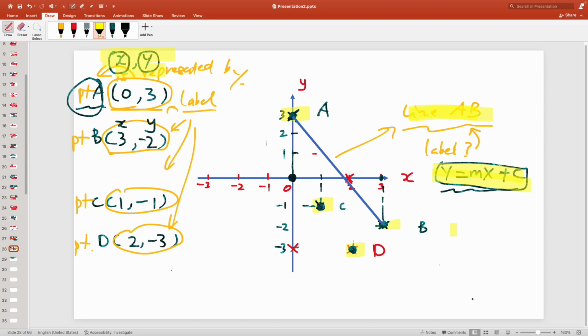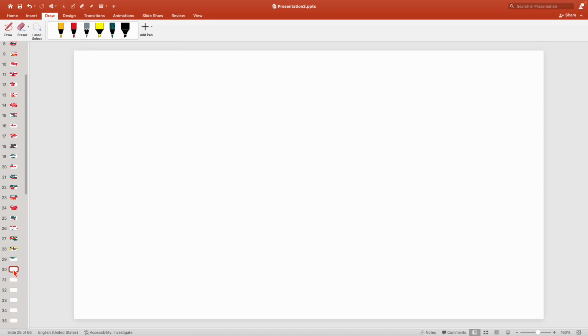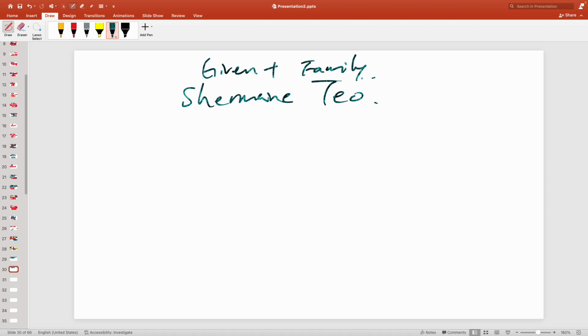Some English people, when they come to Singapore, have to adjust their language to some Chinese tradition. For example, in English tradition it is given name plus family name, so your name is Shermaine Teo.